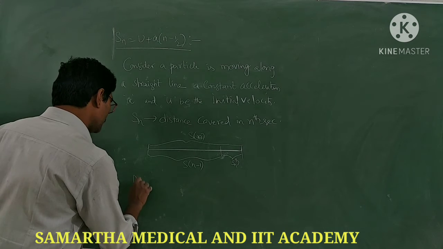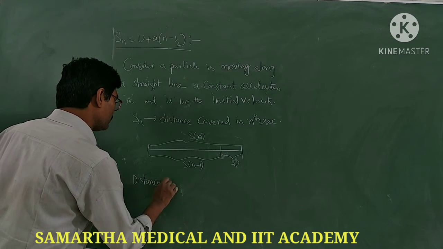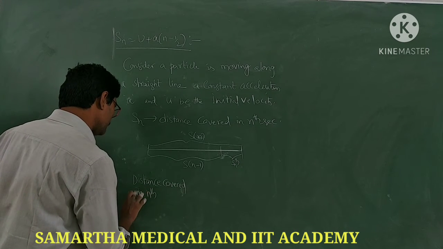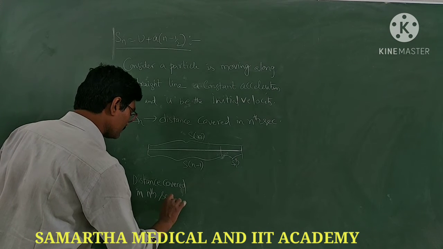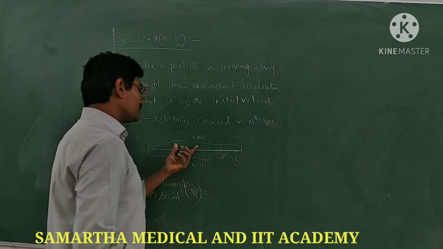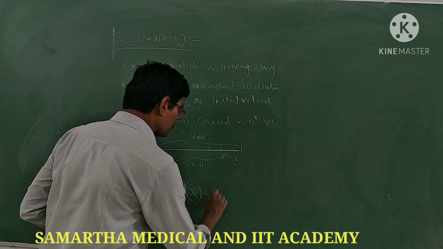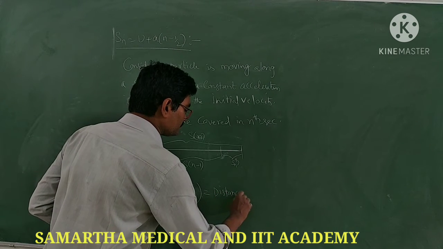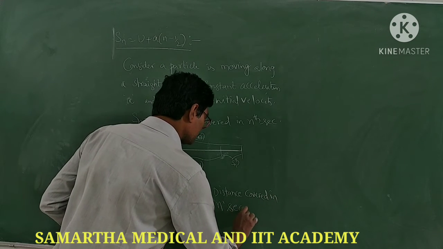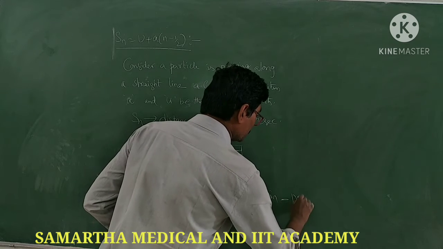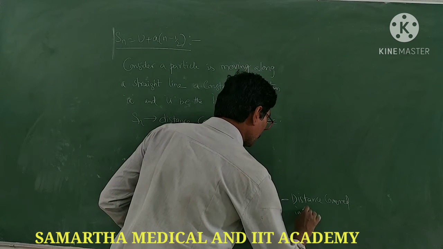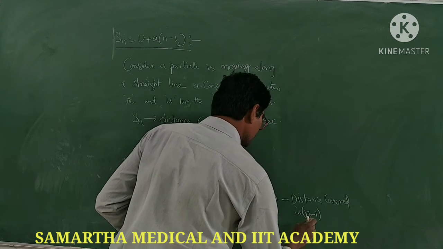Okay, so distance covered in nth second, that is represented with Sn, is equal to distance covered in n seconds minus distance covered in n minus 1 seconds.